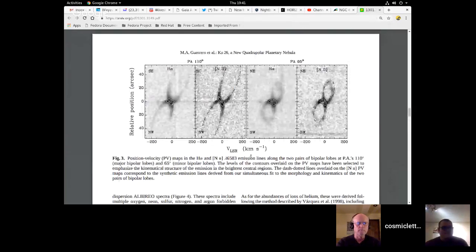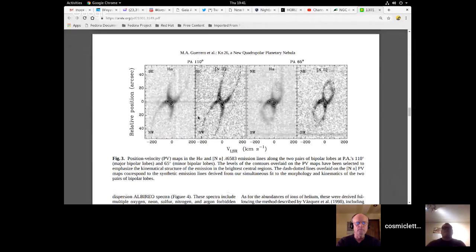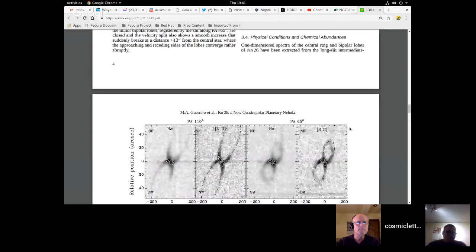Okay, some position velocity maps. Okay, so these aren't images, these are looking at things in a different way. Turn my music back here. There we go. Okay, so that's not an actual image.